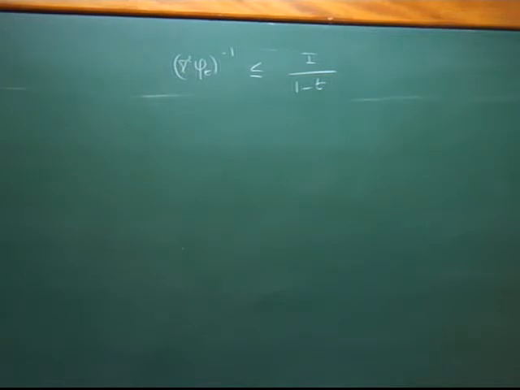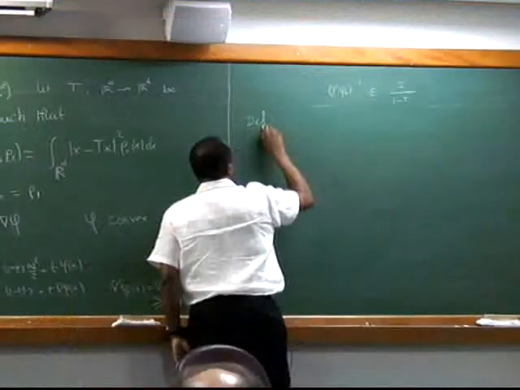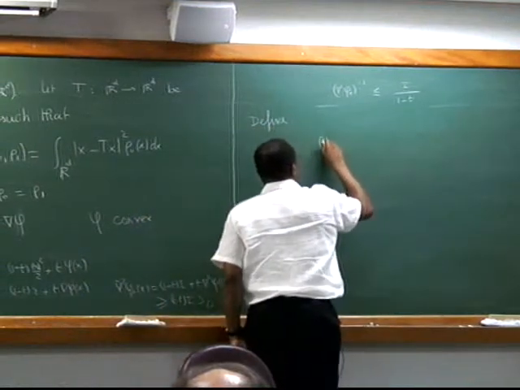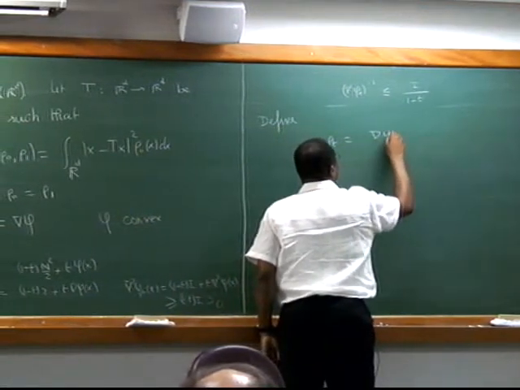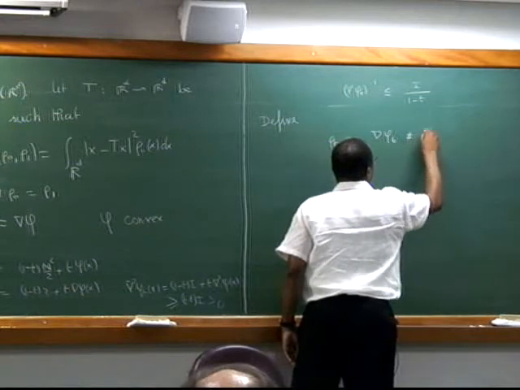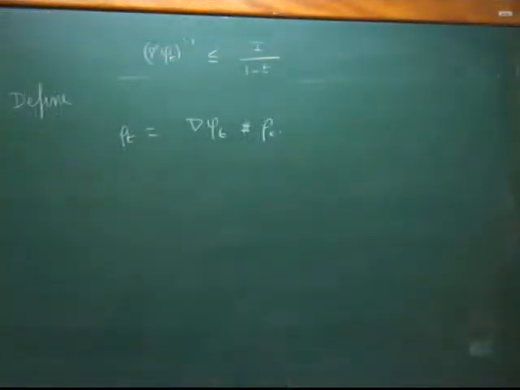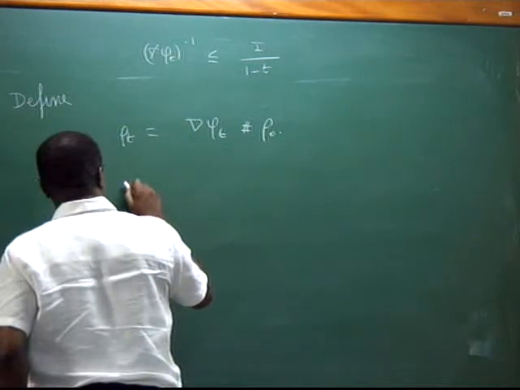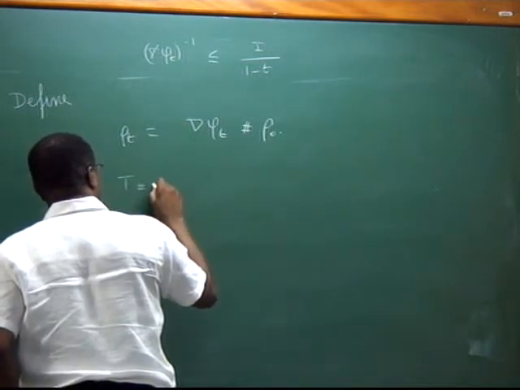Now define rho t to be the gradient of phi t push forward rho naught. So let me recall the push forward T push forward rho naught.